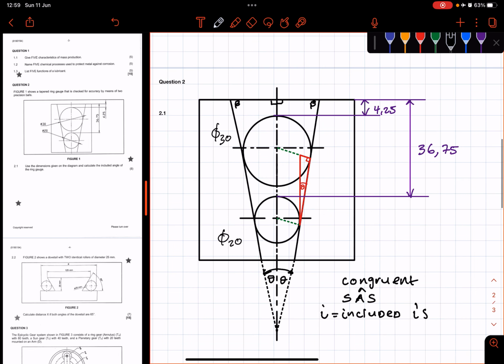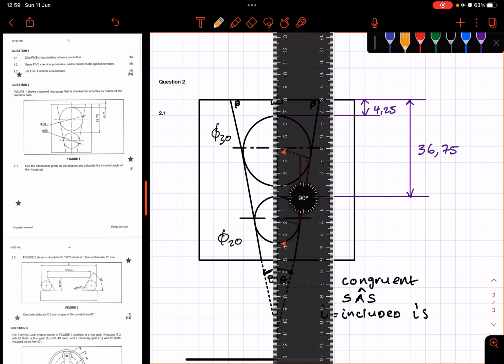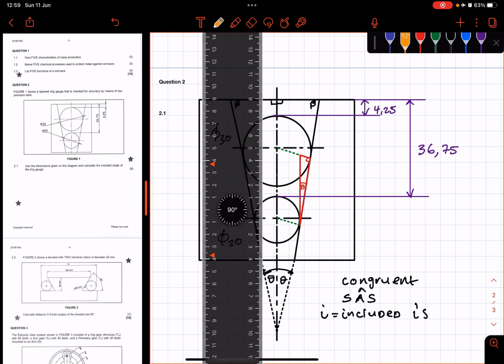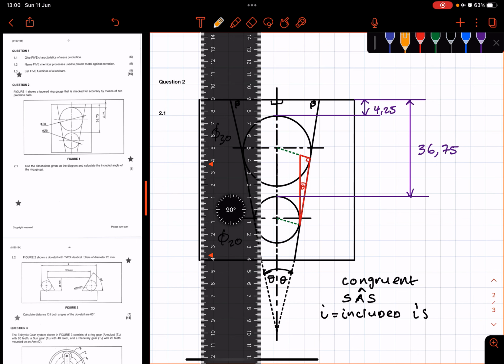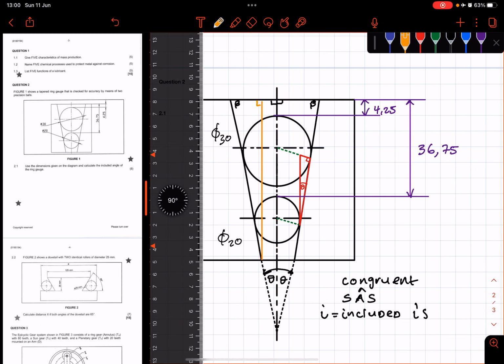Now if we were to draw a line from the tangent going straight up such that it forms an angle of 90 degrees, if that's 90 and that's beta, it means that this angle is what? Theta.